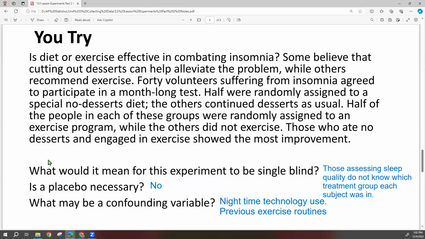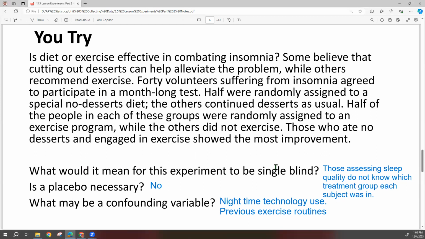So if we were to have this study be single blind, of course, the people who are eating dessert and not eating dessert and exercising and not exercising, they know which treatment group they're in. So they will not be blind in this scenario. But the people assessing their sleep quality, it's possible to make sure that they don't know which group these participants were in.